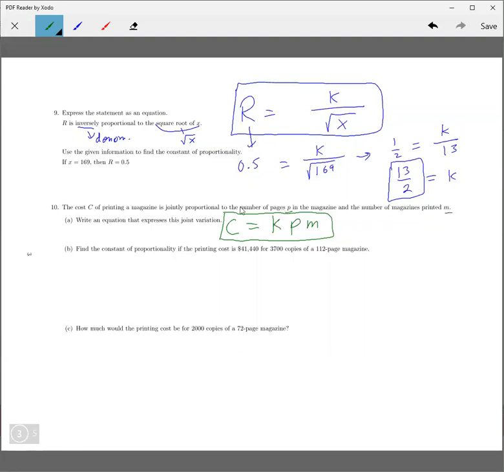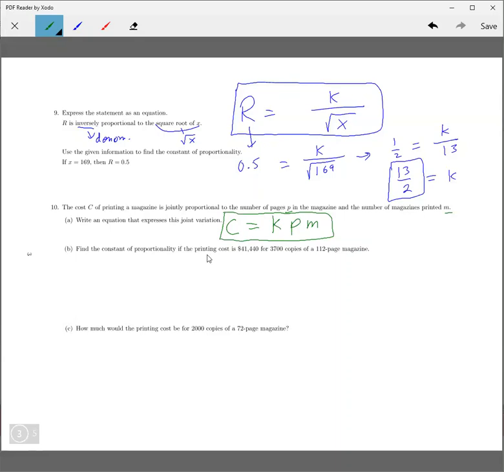So if a magazine has 10 pages and there's 50 magazines, that's 10 times 50, which is 500 pages. Okay. So anyways, C is equal to KPM for the first part.